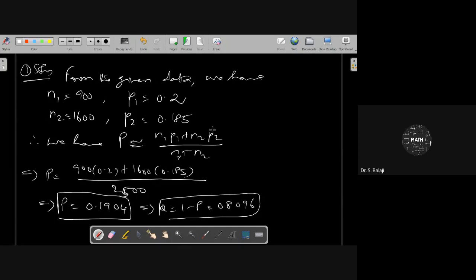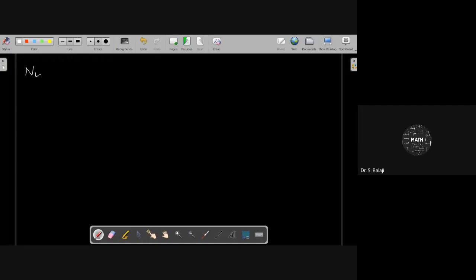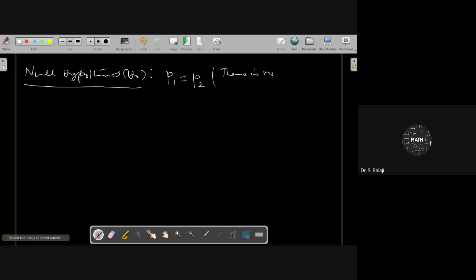But before that, you have to fix the null and alternative hypotheses. The null hypothesis H naught means, since they are asking whether there is any significant difference between the two sample proportions P1 and P2, the null hypothesis always says that there is no significant difference between the two sample proportions.